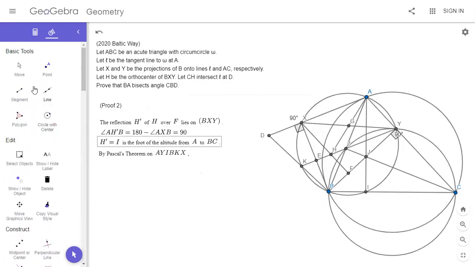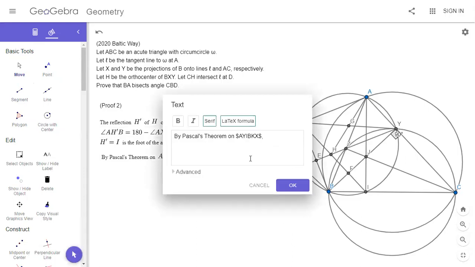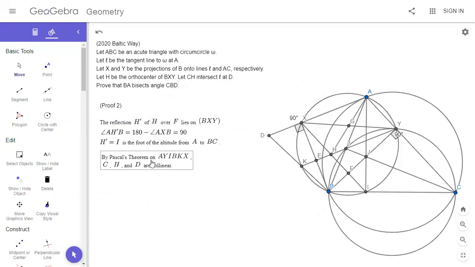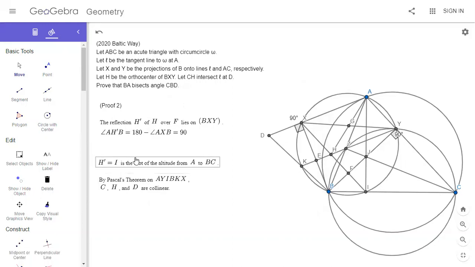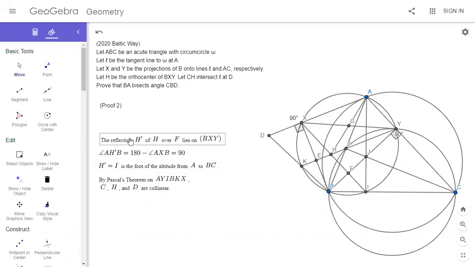And so we can draw that in. And then we can apply Pascal's theorem, and we get that C, H, and D are collinear. I didn't write that I redefined things, so I'll just write that, to be picky.